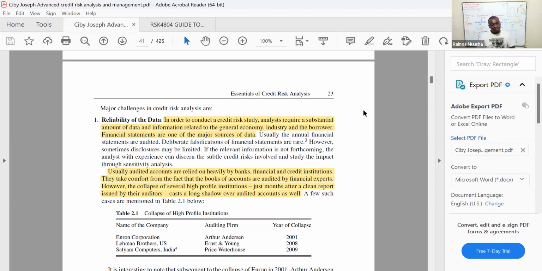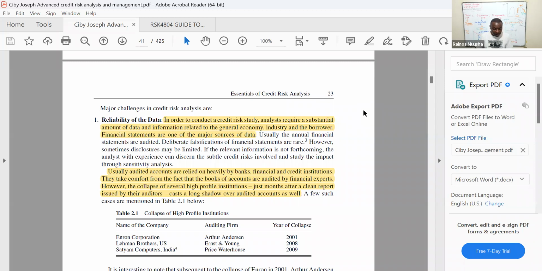Although with audited financial data, you have to keep at the back of your mind that it does not necessarily mean that whatever you're given is 100% the true nature of the business. There are also other things that can happen even to those financial statements.